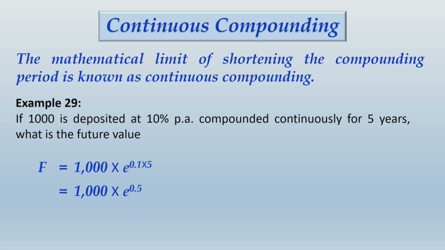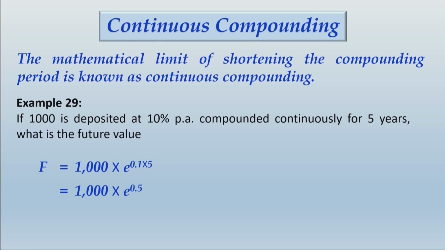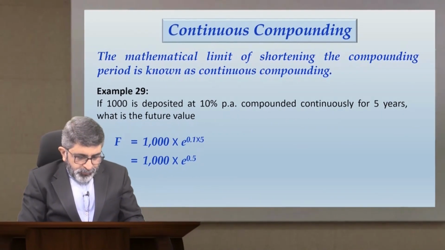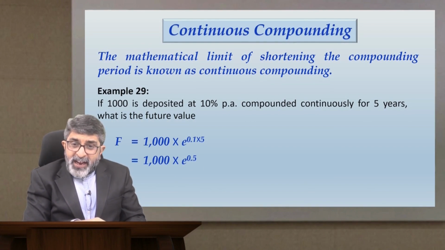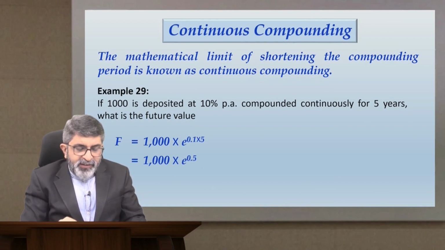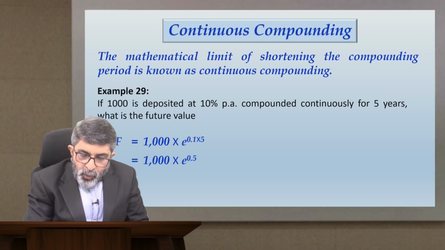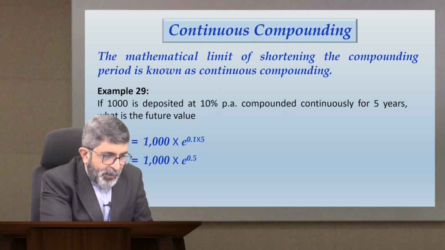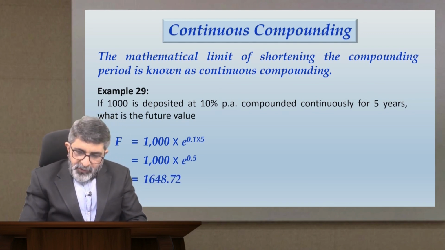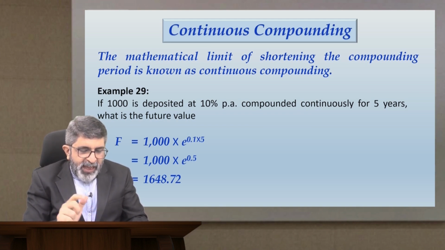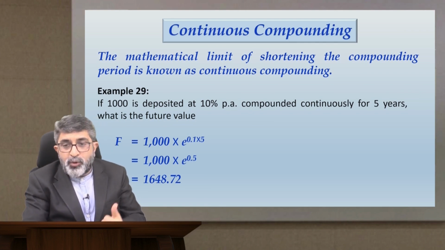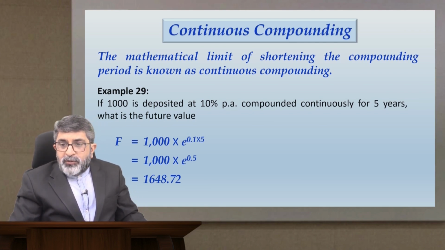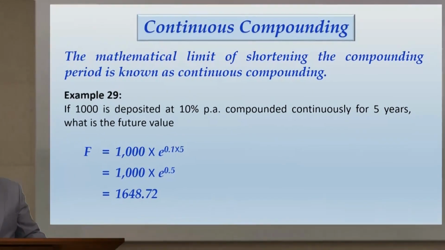Pick your calculator, take 0.5 as input, press second and then ln to arrive at the future value factor, which comes to 1.6487. When you multiply this factor by 1000 on your calculator, you get the final result as 1648.72, what I have displayed on screen. So quickly write up this whole thing and then I take you ahead.